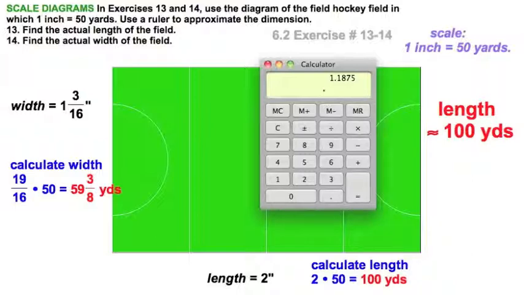I'm going to multiply that times 50. And that's what I get. Now, maybe you put it this way, and maybe you recall that 0.375 is 3/8. Either way, that's the number that I calculated, and I really doubt that anyone designed a field to those dimensions.